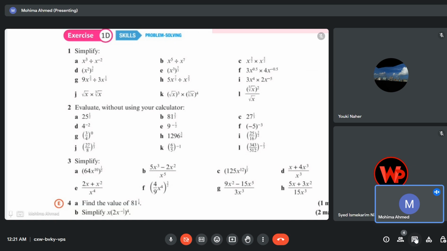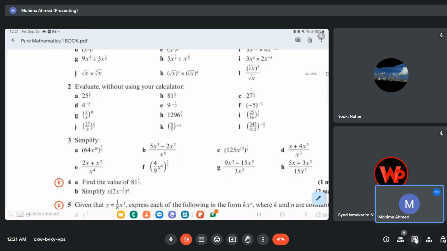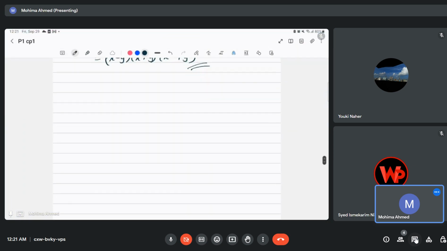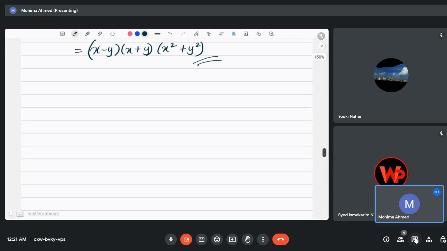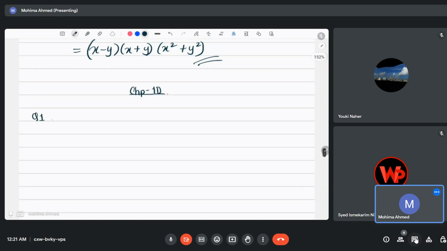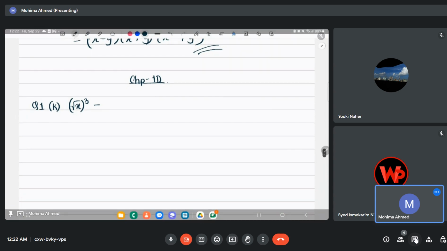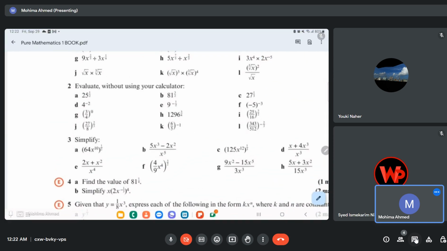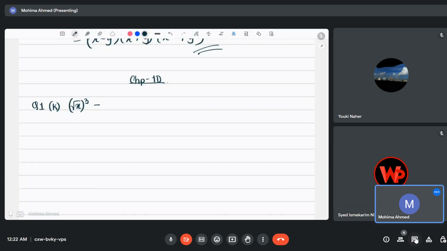We have root x cubed, times the cube root of x with the power of 4. Now we can represent root in terms of power, right?